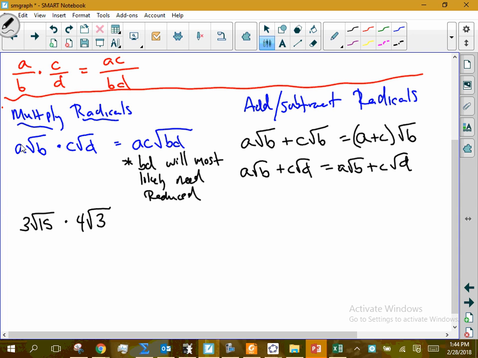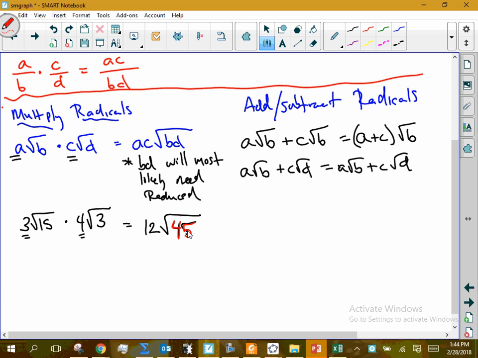So the numbers on the outside, A and C, are in this case 3 and 4, right? So what's 3 times 4 give me? 12. So I multiply the numbers on the outside. Now I'm going to multiply the numbers on the inside. What are the numbers on the inside going to give me? 45. Now, does that 45 have a perfect square that will divide it?